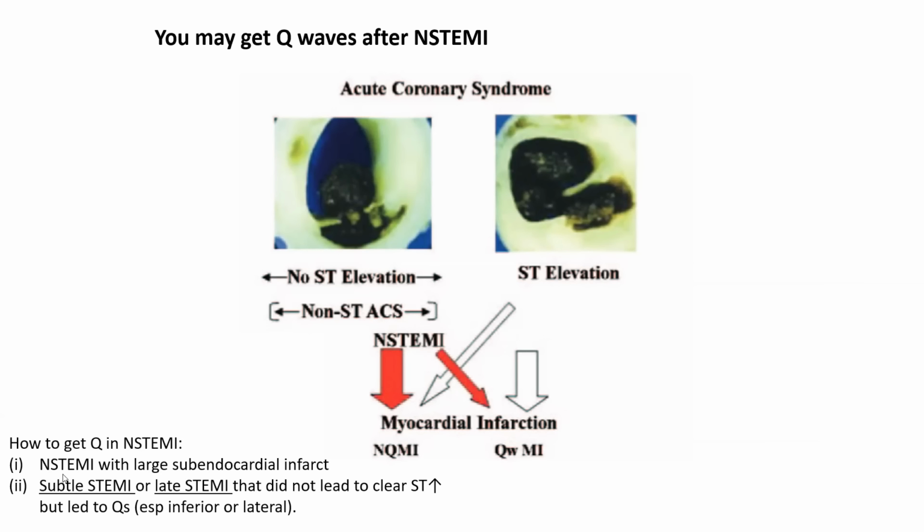But two, and more importantly, the other possibility is that non-STEMI was in fact a subtle STEMI or a late STEMI that did not lead to clear ST elevation but led to Q waves, especially inferior or lateral subtle STEMI.